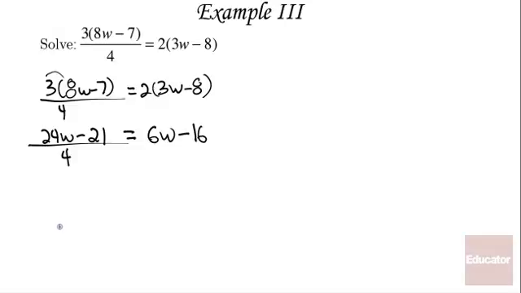Okay, I've removed the parentheses, and the next thing is going to be to eliminate this 4 from the left side, because right now I can't really work with the term on the left when 24w minus 21 is all being divided by 4. So in order to move that to the right side, I'm going to multiply both sides by 4.